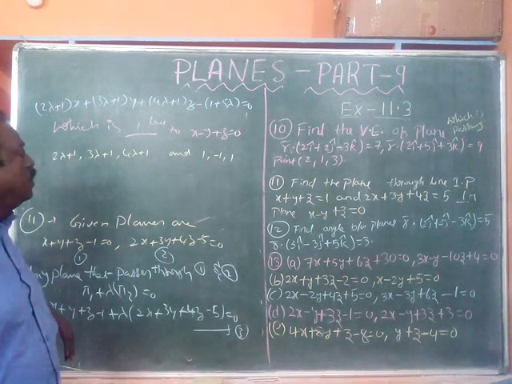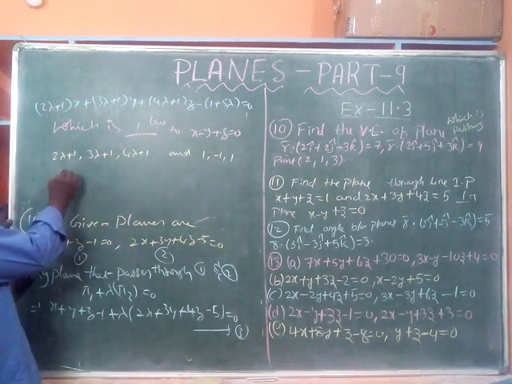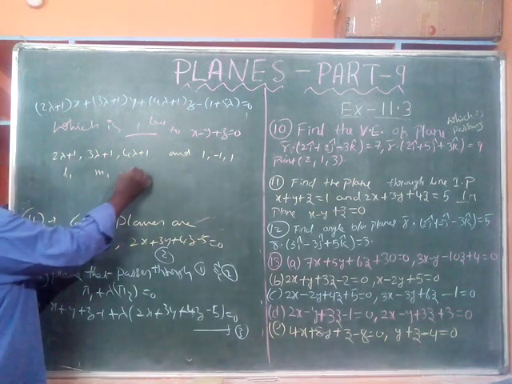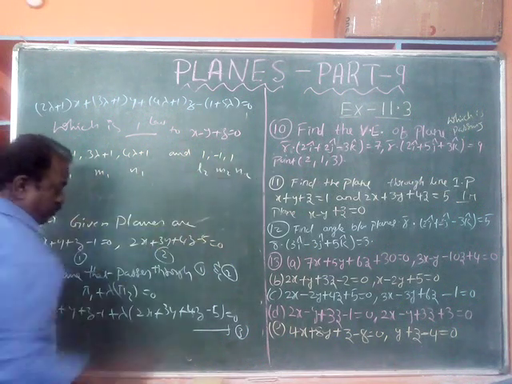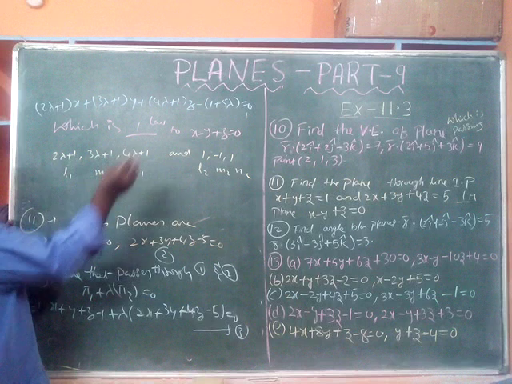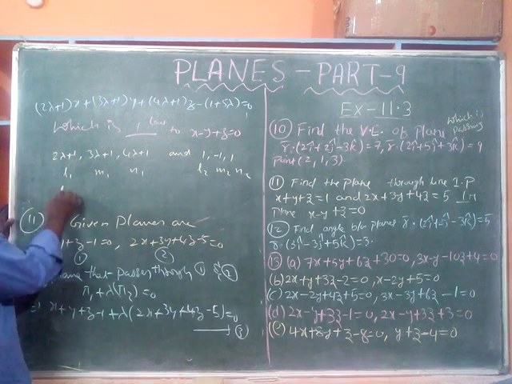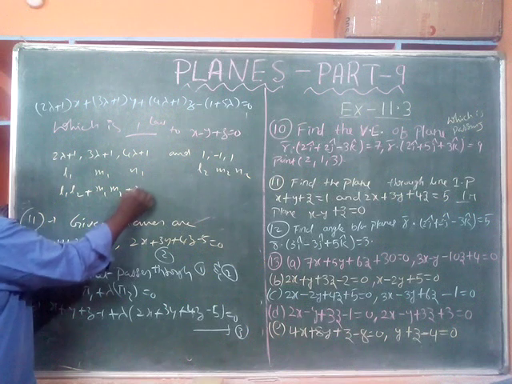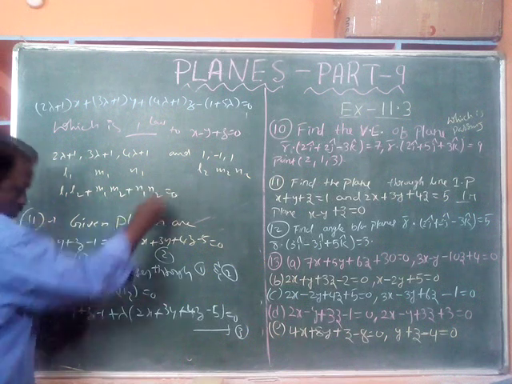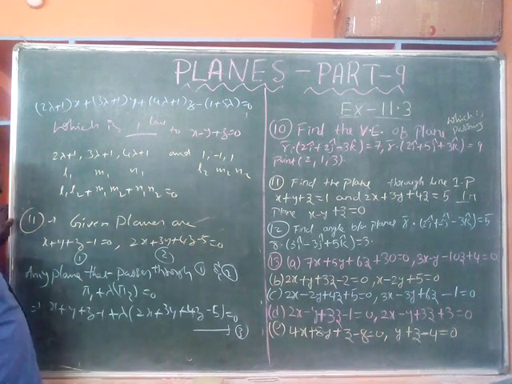These two sets are L1, M1, N1 and L2, M2, N2. Since they are perpendicular, L1 L2 plus M1 M2 plus N1 N2 is equal to 0.